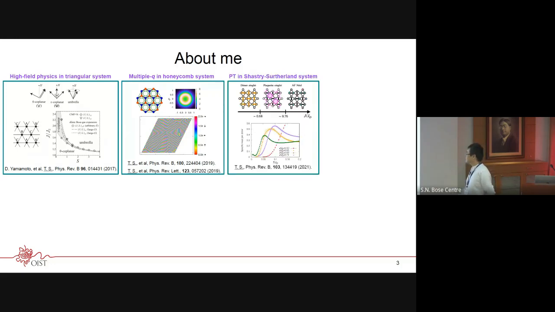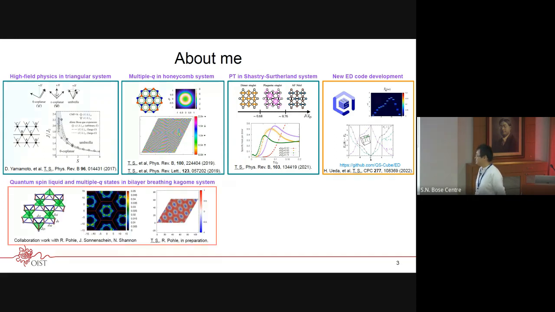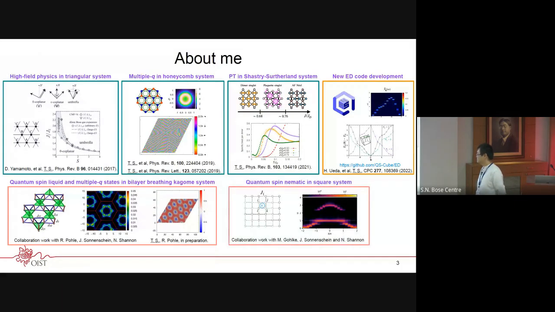I have experience using the finite temperature lambda spike methods for the SQL Park thermal model. I have developed with my collaborators a new ED method to specialize high field, which was applied to the content study in the value breaching problem system, and also to the content kinematic state in the spheroids macro. So I have a few experiences using the exact methods, and that's why I'm here.